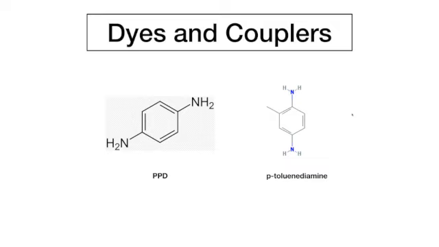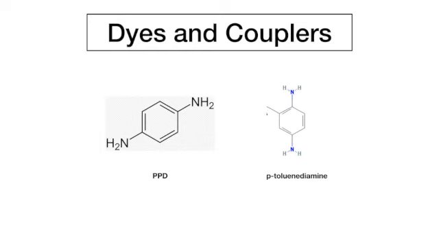Now look at these two dyes carefully. On the left is PPD. On the right is p-toluene diamine. It's one of the substitutes that manufacturers use when they want to say no PPD added. Look at it carefully. The main body of the PPD and the main body of the p-toluene diamine are exactly the same.